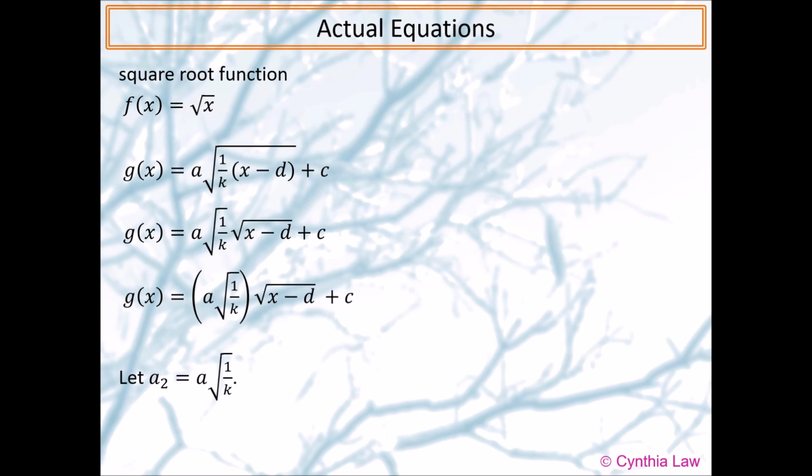So if I let a₂ equal a times the square root of 1 over k and rewrite my g(x), I have g(x) = a₂ times the square root of (x − d), and then plus c at the end.